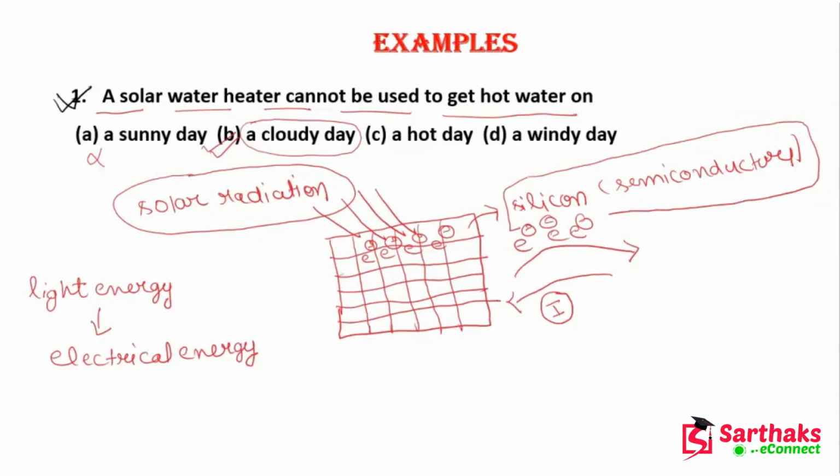So this is all about the solar cell. In this question I have told you that these are solar panels, and these solar panels are made up of solar cells, and to make solar cells we use the metal silicon. Silicon is a semiconductor.